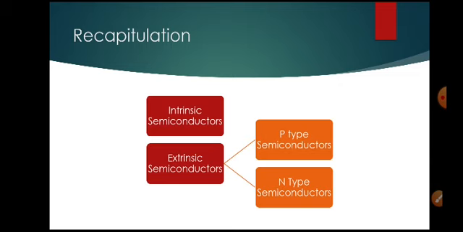Three electrons are attached with 3 of the electrons of the pure semiconductor, and 1 bond remains free. So a hole is generated by adding impurities. This type of semiconductor is called a p-type semiconductor.